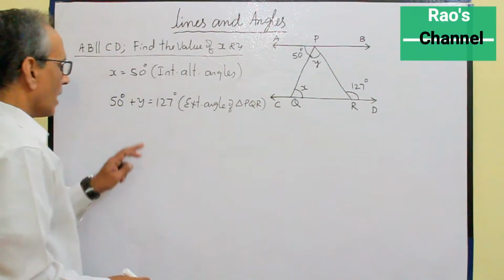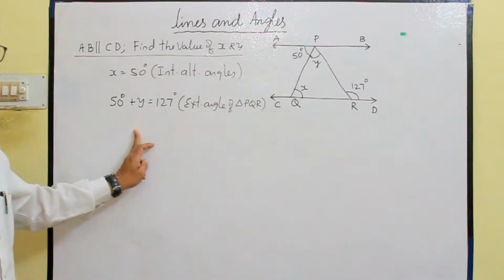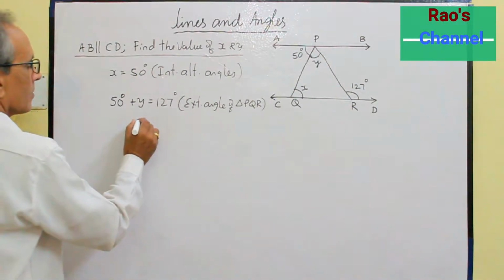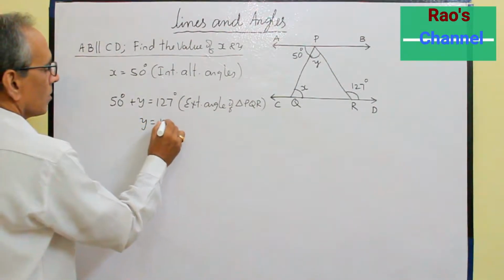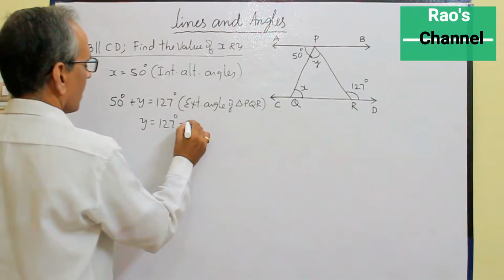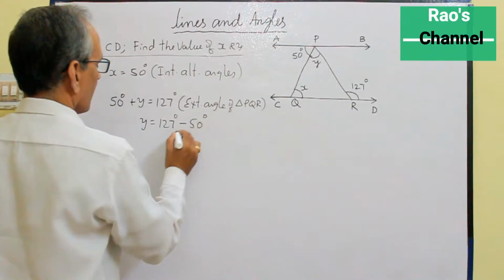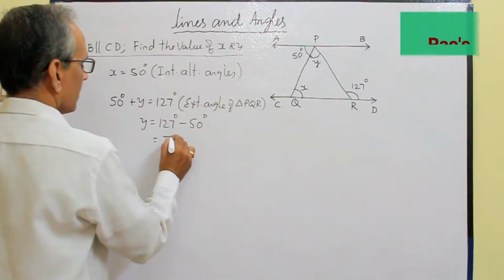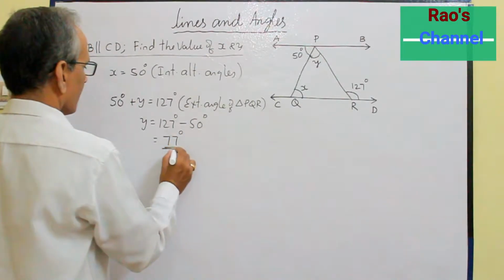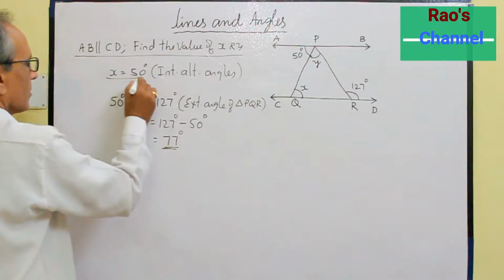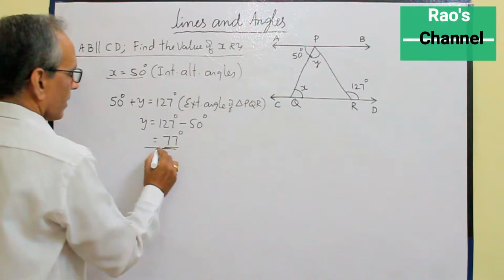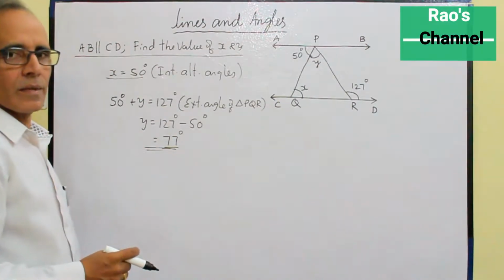Then y is equal to 127 degrees minus 50, that is 77 degrees. We reached x and y. So it's a very simple question.